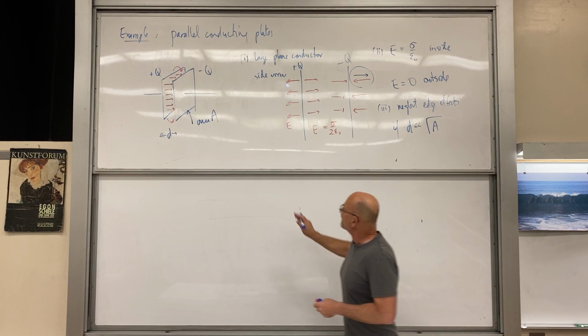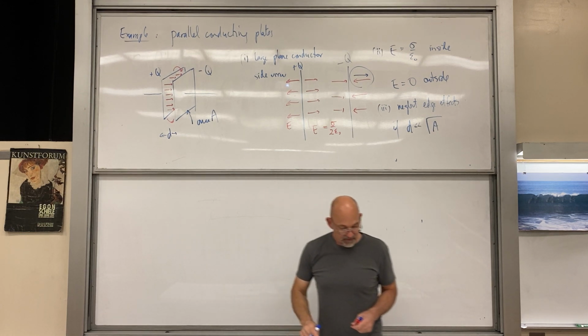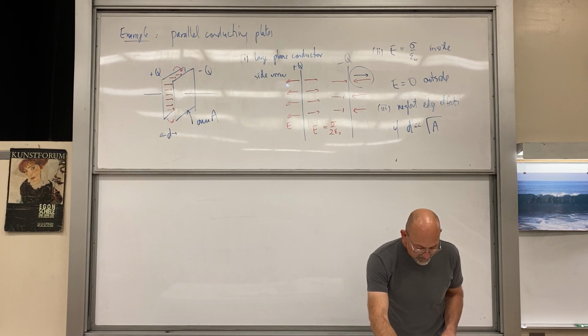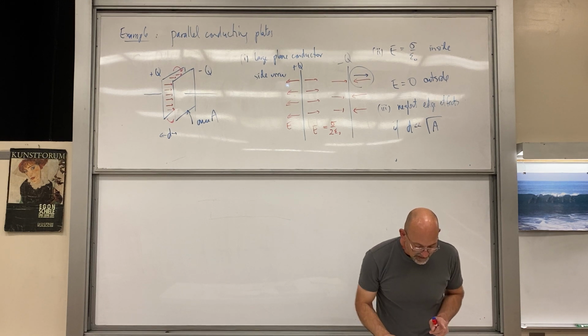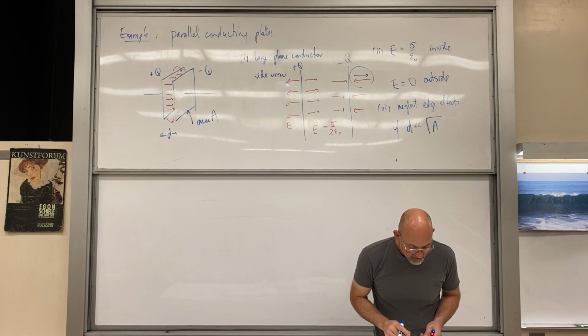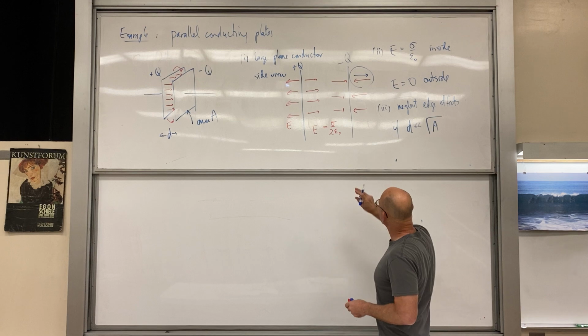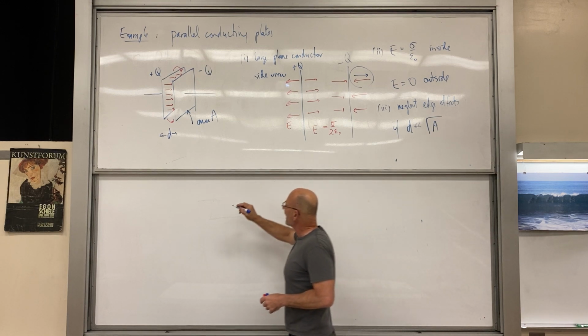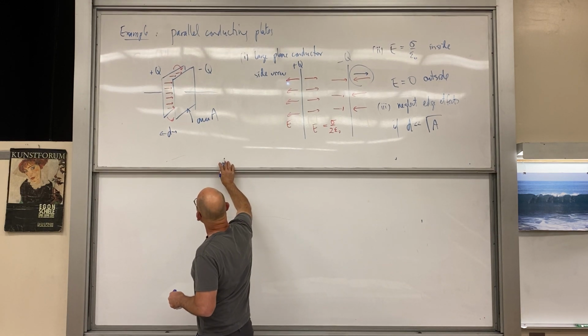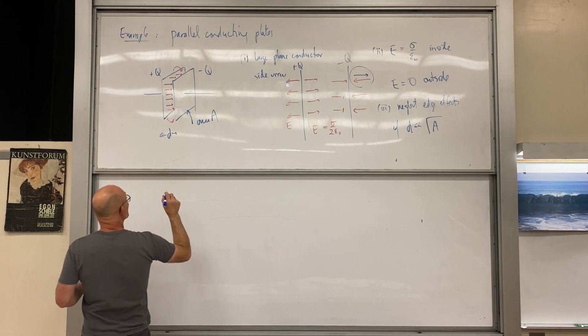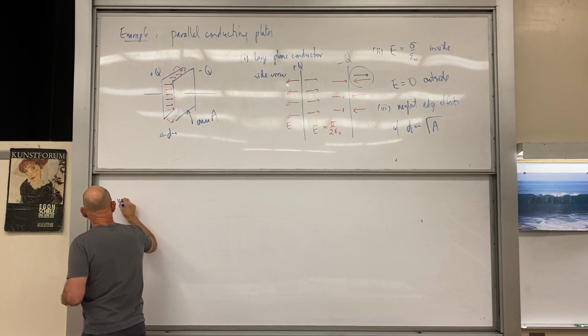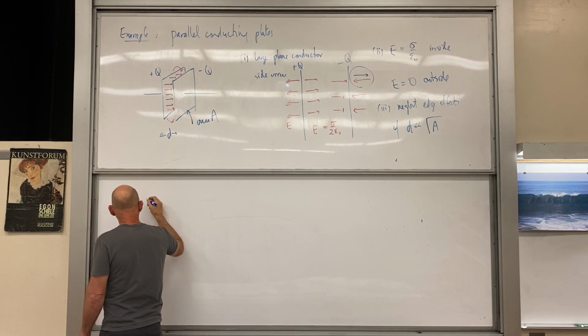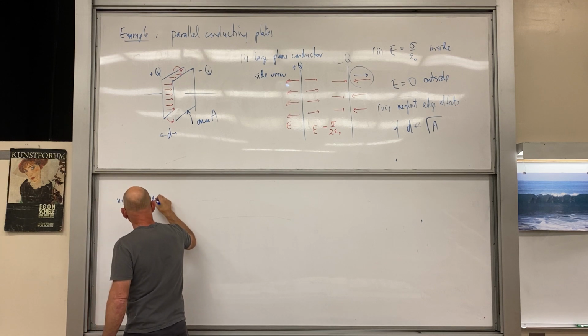Okay, let's see, I think I have everything. Actually, let me even add a little to this example while we're on that subject. So I'm going to add another note. So this is now called the parallel plate capacitor.